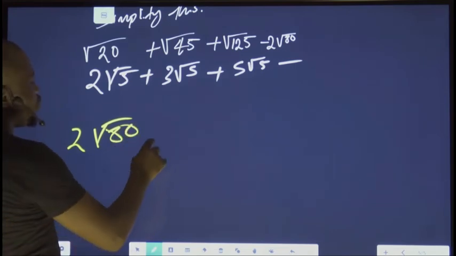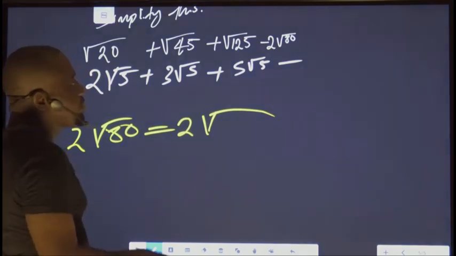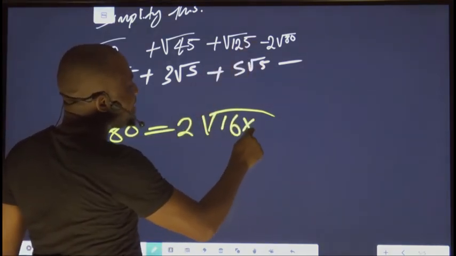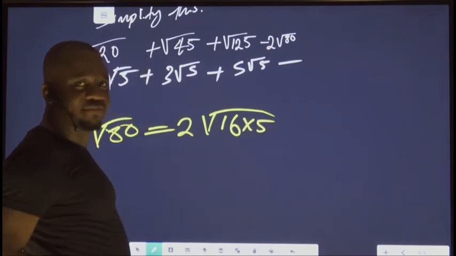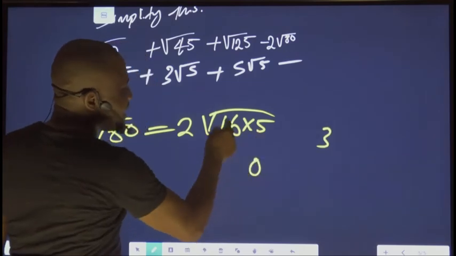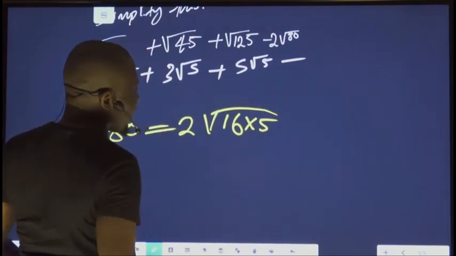2 multiplied by the square root of 80. What is 80? 80 is 16 multiplied by 5. Work on it. This multiplied by this is 80. Okay?